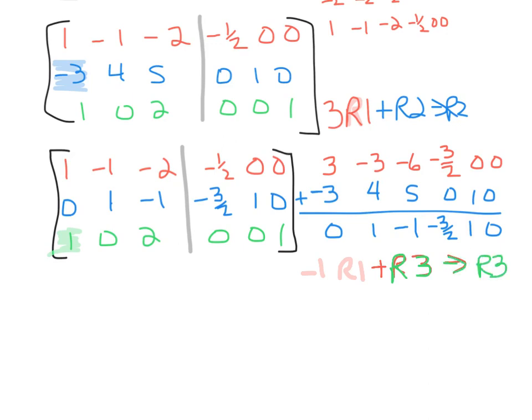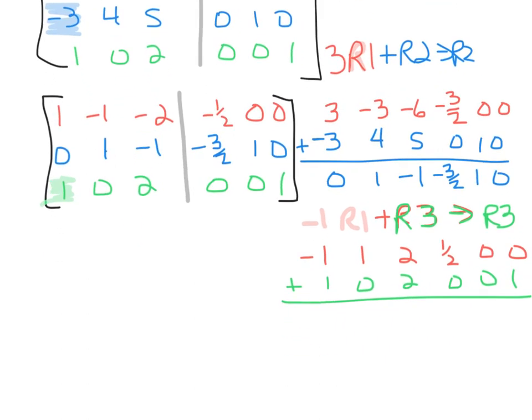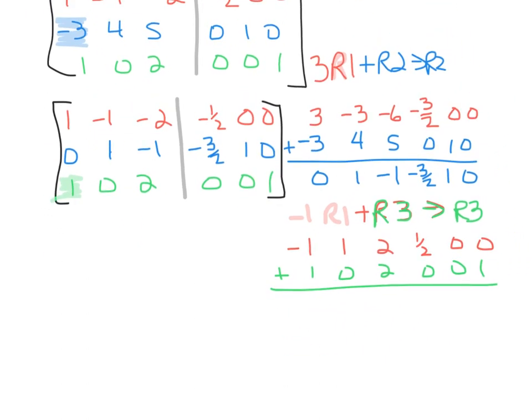So row 1 multiplied by -1 gives me -1, +1, 2, +1/2, 0, and 0. Row 3, I'm going to rewrite it underneath. Now I can add them up, and I get 0, 1, 4, 1/2, 0, and 1.